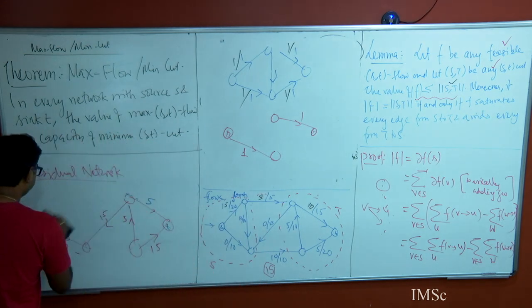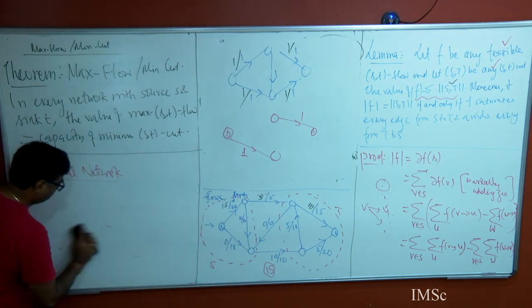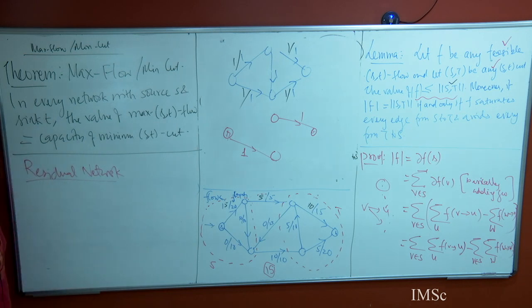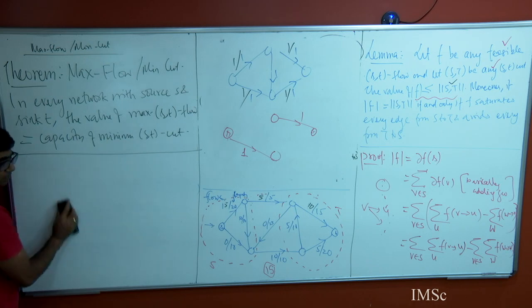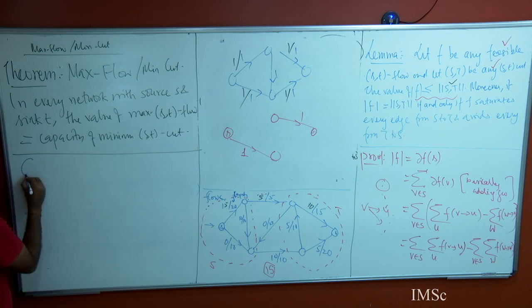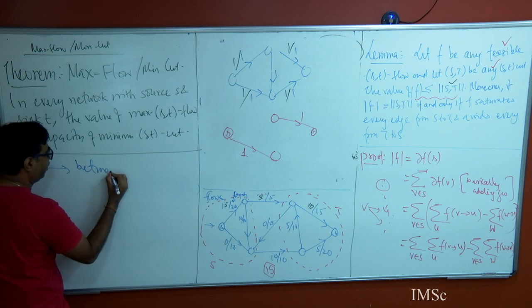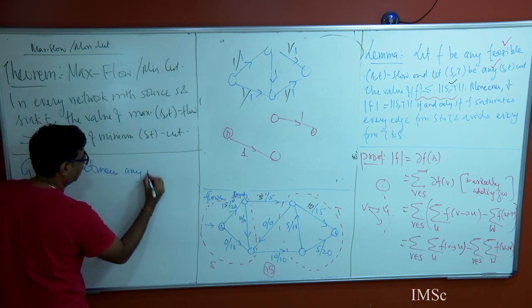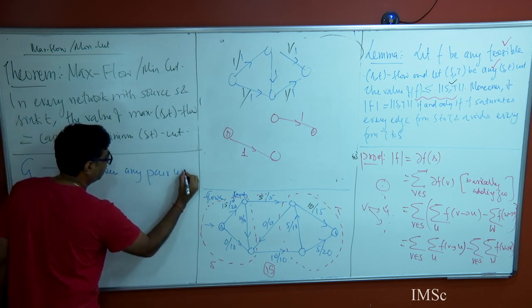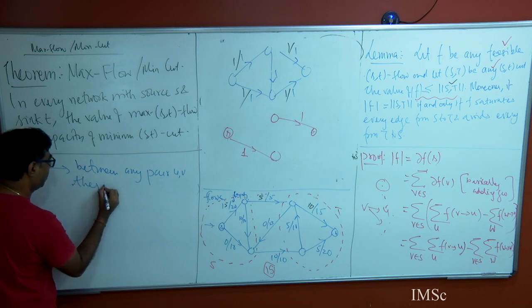Okay. So how did we define the residual network? For now, first I want to make a basic simple assumption, that the input graph G has the property that between any pair U, V there is at most one arc.